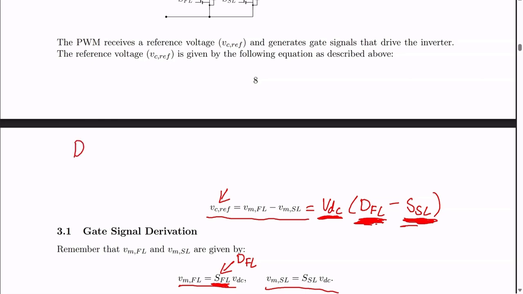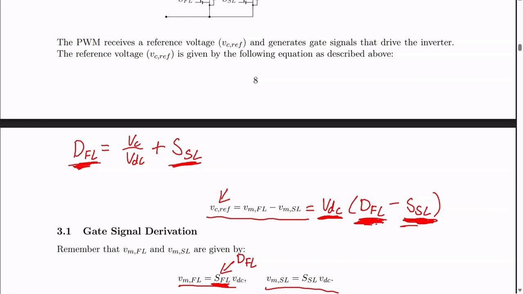So the duty cycle, dFL, is equal to VC, I just write VC even though it's the reference, divided by the DC voltage, plus the gate signal. So this is what the duty cycle should be. But we are not able to solve it as it is. If we add the constraints for the duty cycle and the gate signal, we are able to solve it.